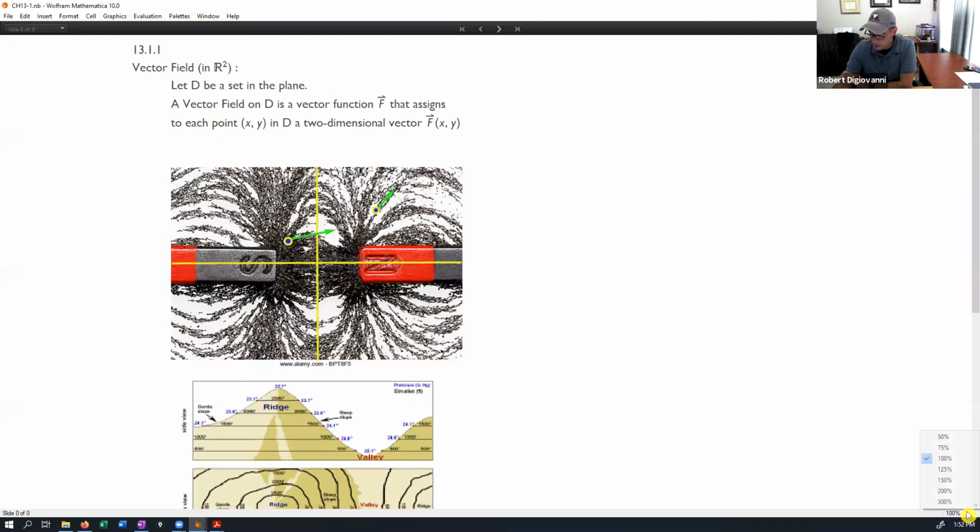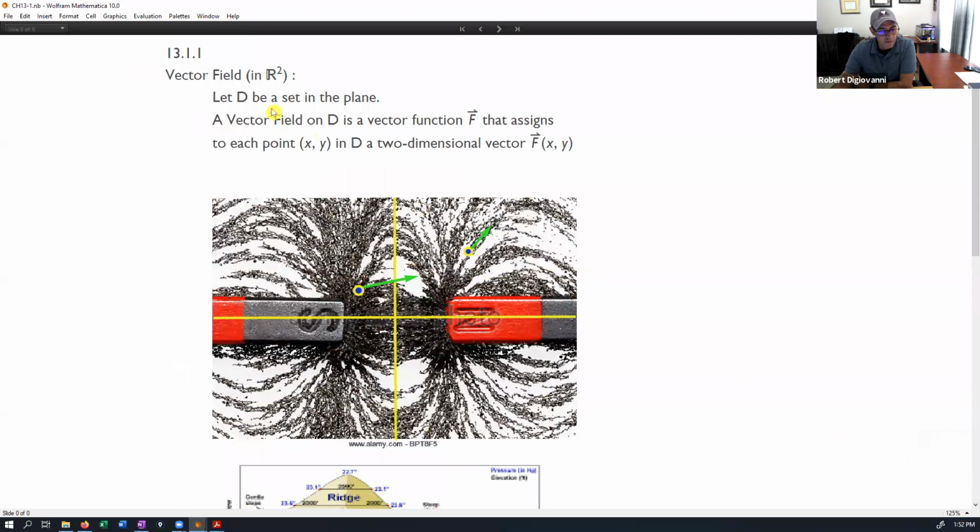Let me make this a little bit bigger for us. A vector field in two-dimensional space is what we're going to define here. It says let D be some set in the plane. So you've got the whole plane, and you look at some set within that plane. So some region within that plane.